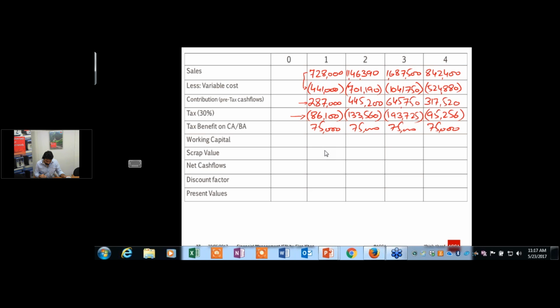Taha, I will solve the question with scrap value and you'll come to know whether we add balancing allowance or we subtract the tax benefit of balancing allowance. Safir, yes, if it is incremental, we subtract the incremental fixed cost from our sales.